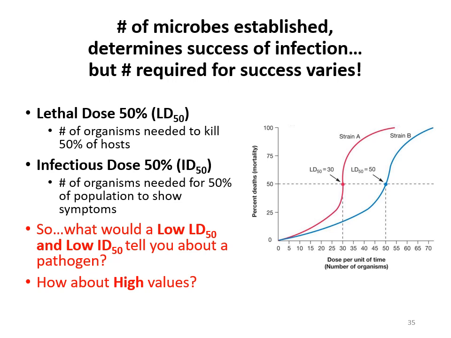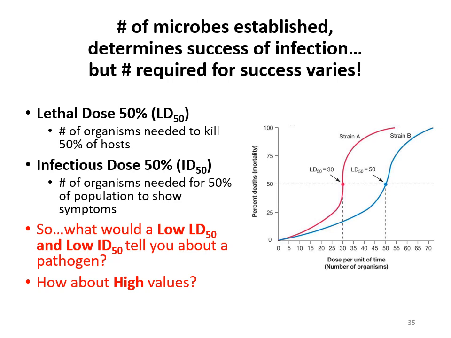Now, when we talk about microbes attaching, adhering, getting established within the human body, the number of microbes that actually establish themselves determines how successful an infection is. Now, the number required for this kind of success varies, and there's two terms that I want you to be familiar with, especially if you go into the medical field, because you'll frequently see the term LD50 or ID50 in case studies or various documents.